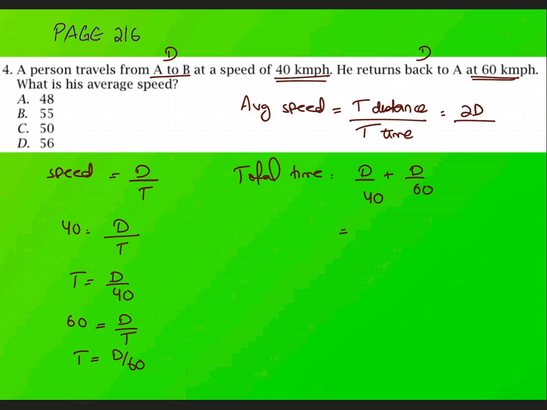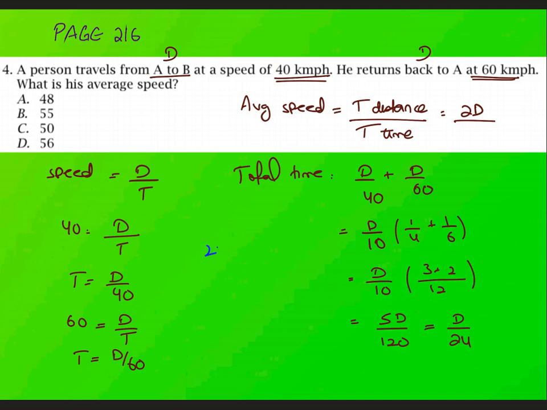Now what you can do is take d upon 10 common. So you will be adding 1 upon 4 and 1 upon 6. The LCM is 12. So that's 3 plus 2 upon 12. So basically the total time is 5d upon 120, which is d by 24. Now this is the total time. We have the total distance. Now just divide the two to get the average speed.